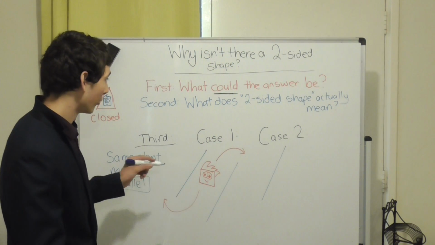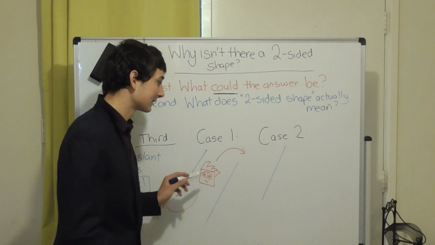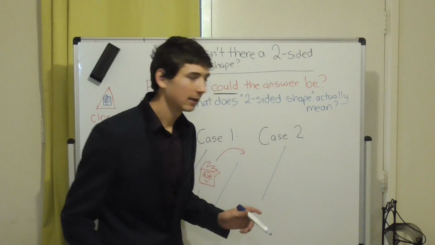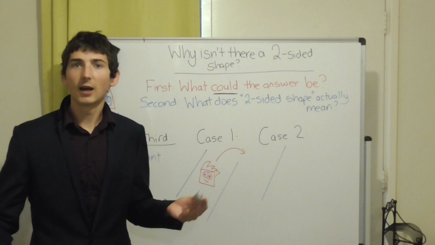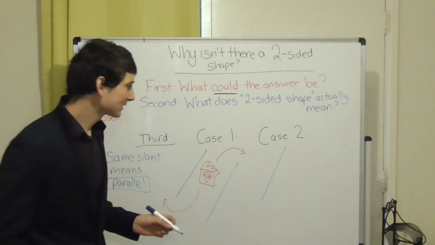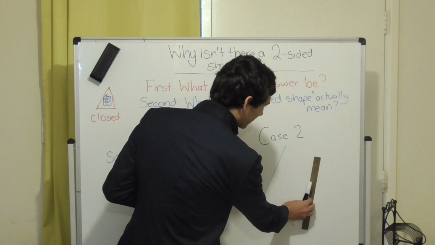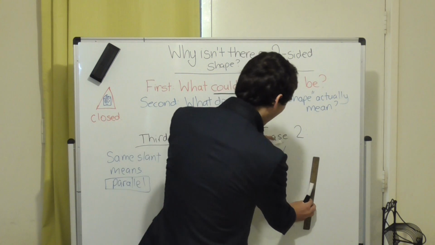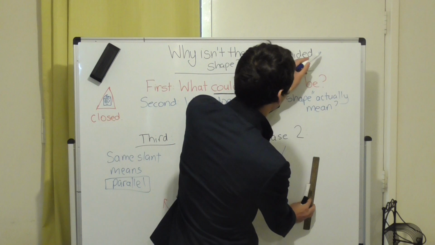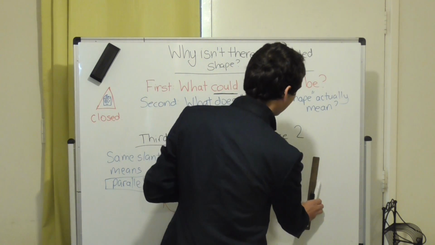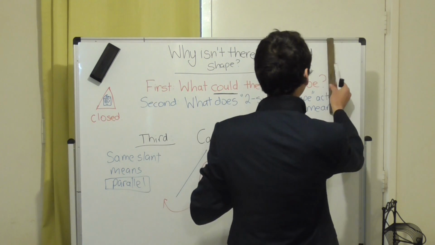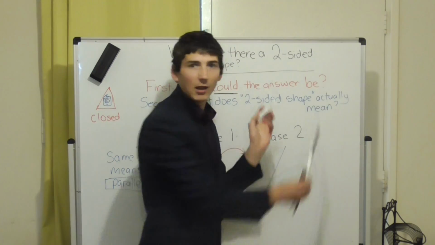Alright? So, with this first case, the lines are parallel. With this next case, we're just going to make it so the lines aren't parallel. But what does that mean? If this line, even if it's only just off, if I continue this straight line for a while, then this line, because it's not parallel, it's actually going to collide.